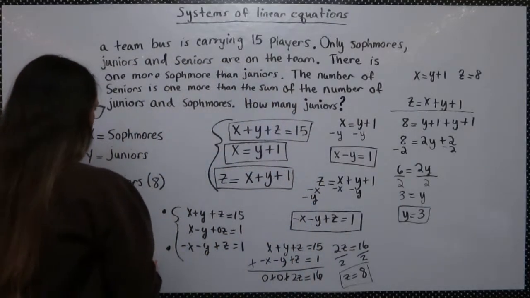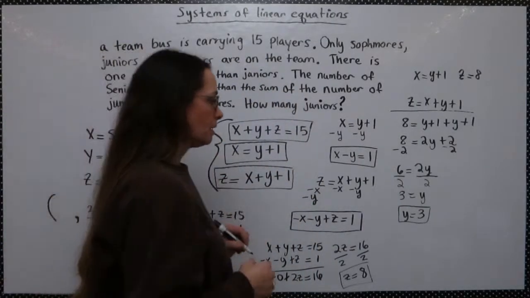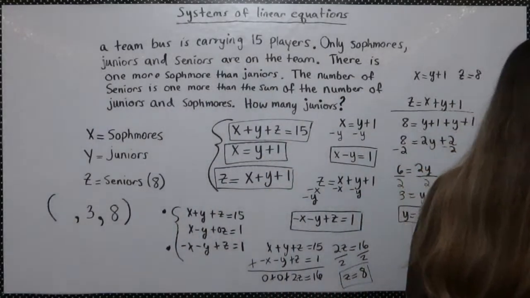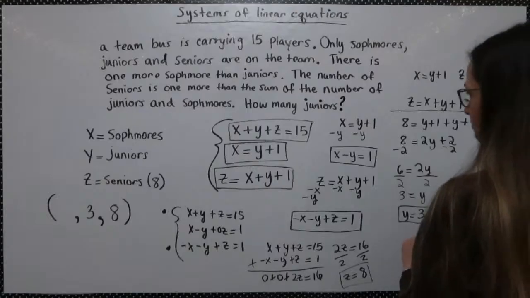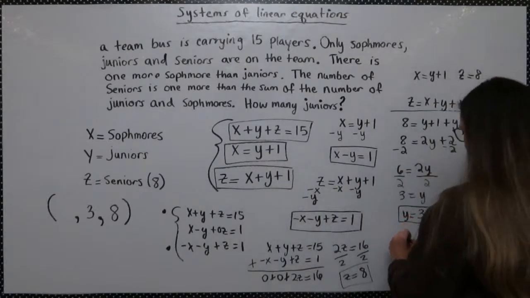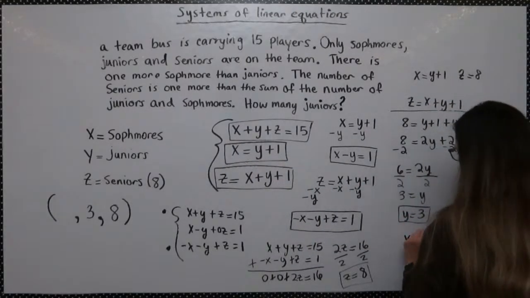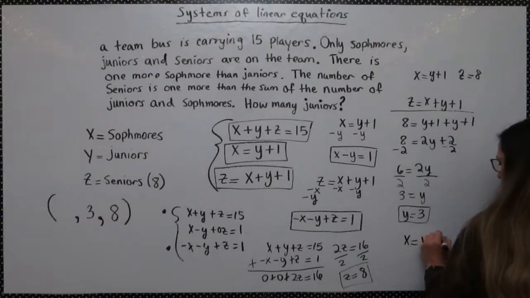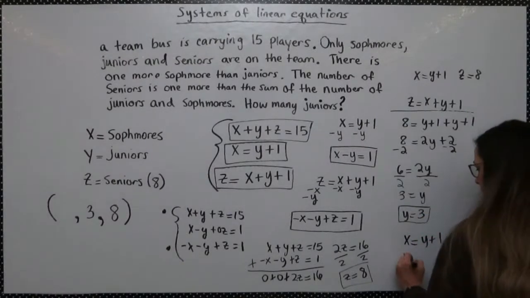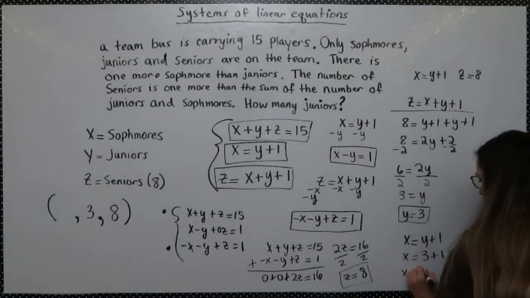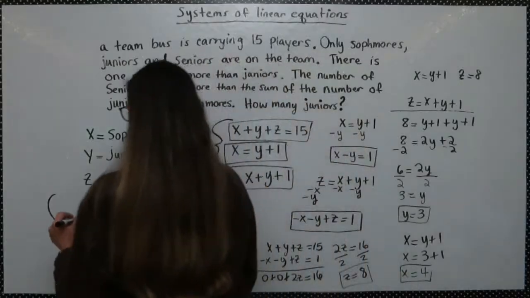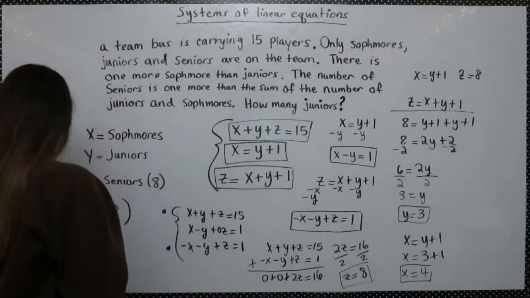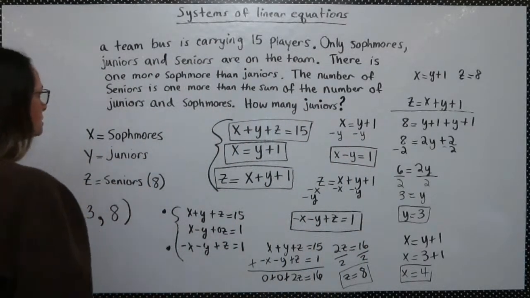So it says the number of juniors is 3. However, we want to make sure that all of the conditions are satisfied. So x equals y plus 1. You've got y equals 3, so you've got x equals 4. So does it make sense?